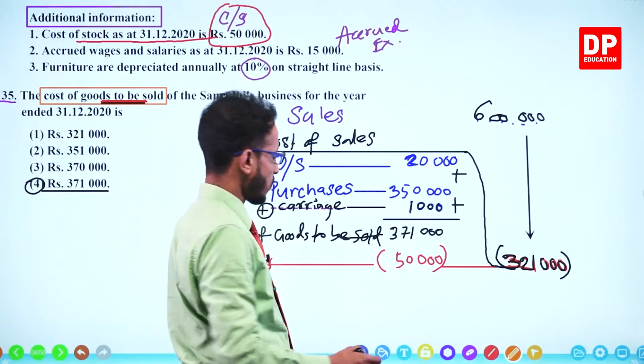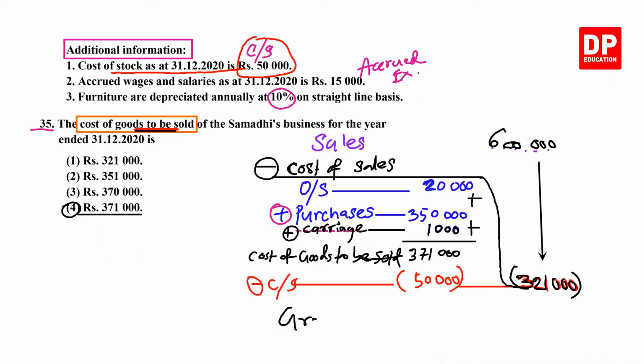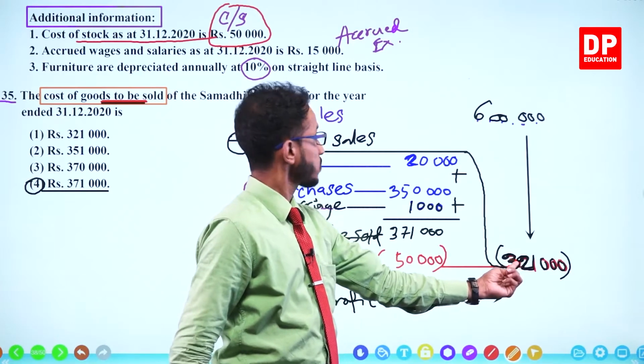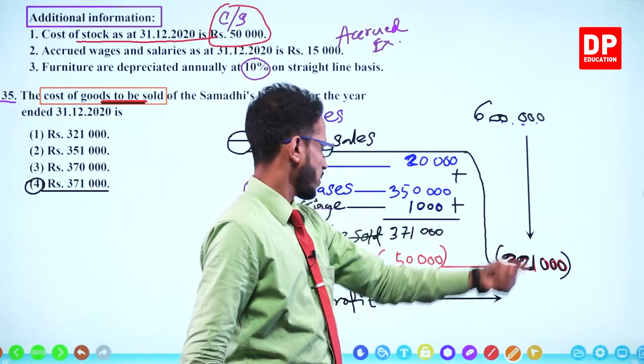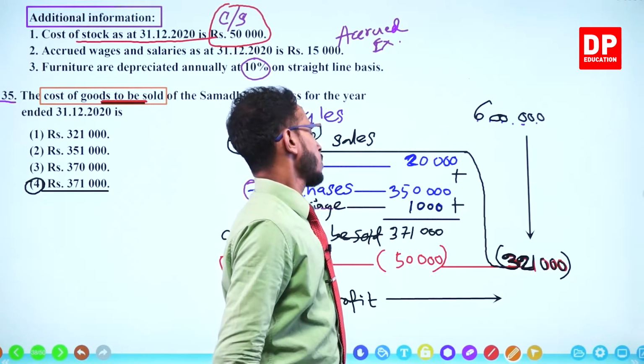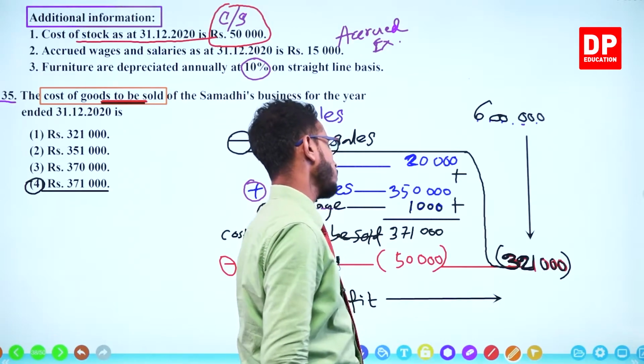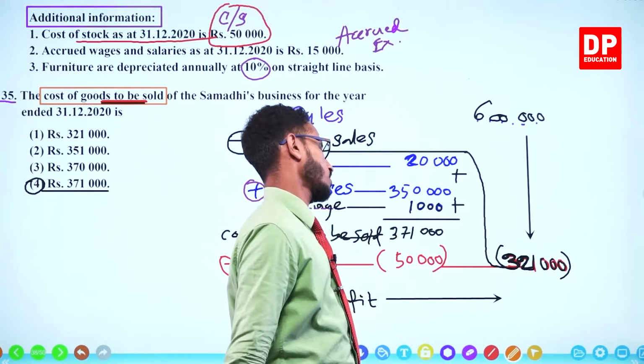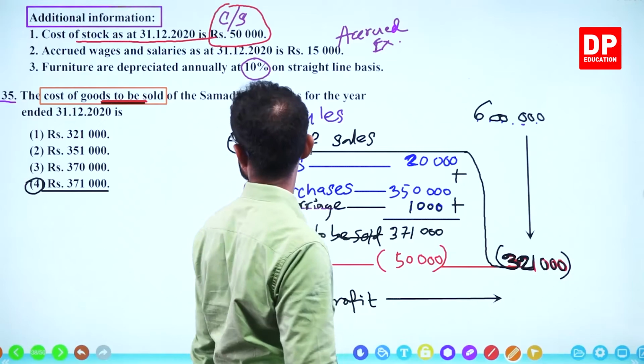You get gross profit. How much is it? 600,000 minus 321,000 is 279,000.